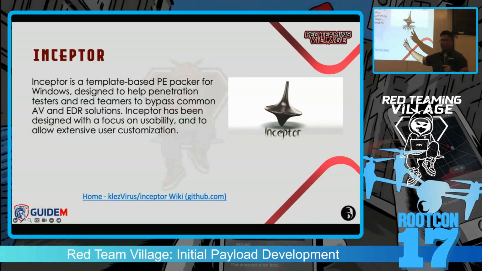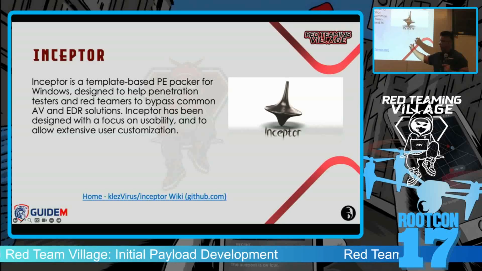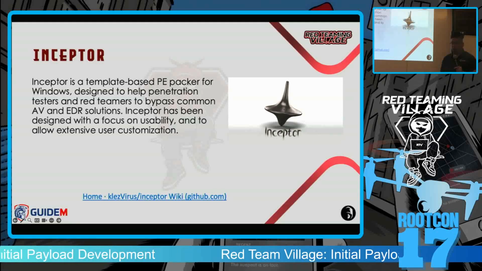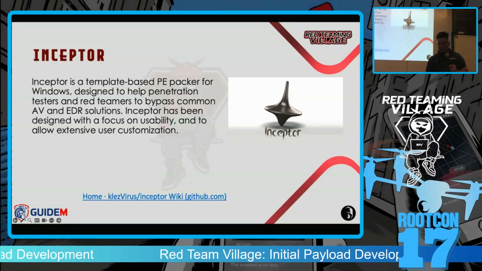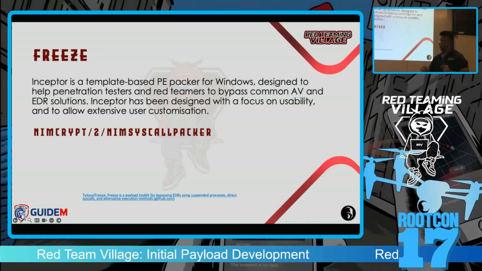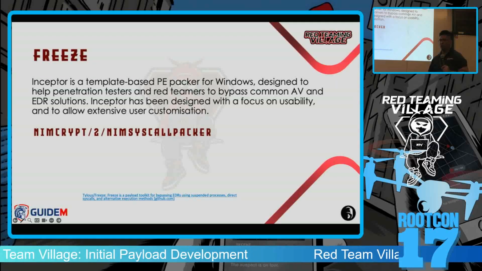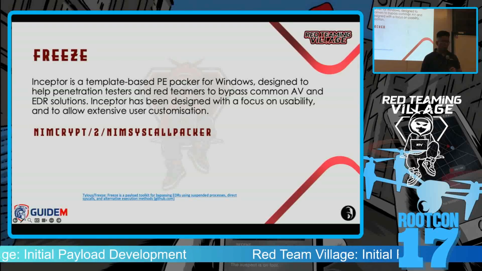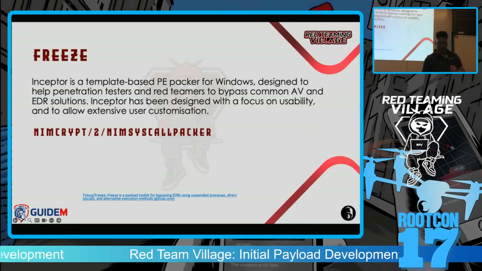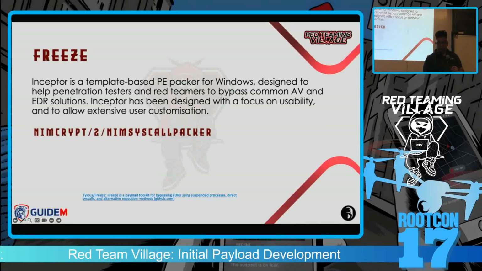It uses LLVM obfuscate, a very modern type of obfuscation that you can use for your payloads. These are my go-tos on red team operations as well. Freeze is also a good one, and Nimcrypt and Nim syscall packer.